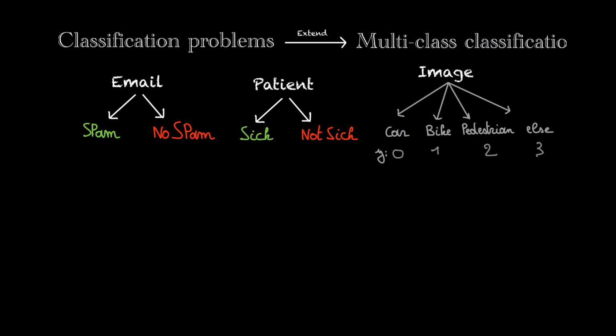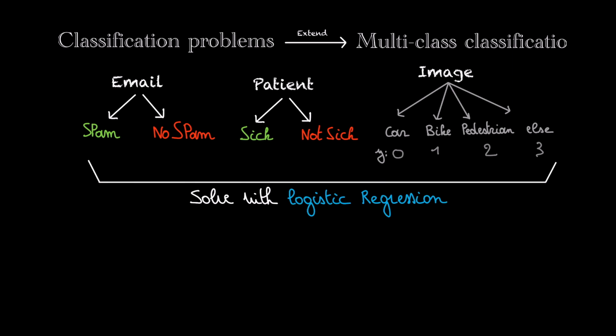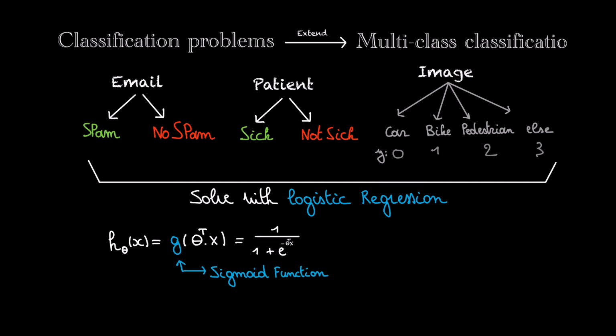Now back to the summary. These classification problems we can solve with logistic regression, which has a hypothesis that looks as follows. This hypothesis is based on the sigmoid function, and it tells us the probability that y is equal to 1 given x parameterized by theta.